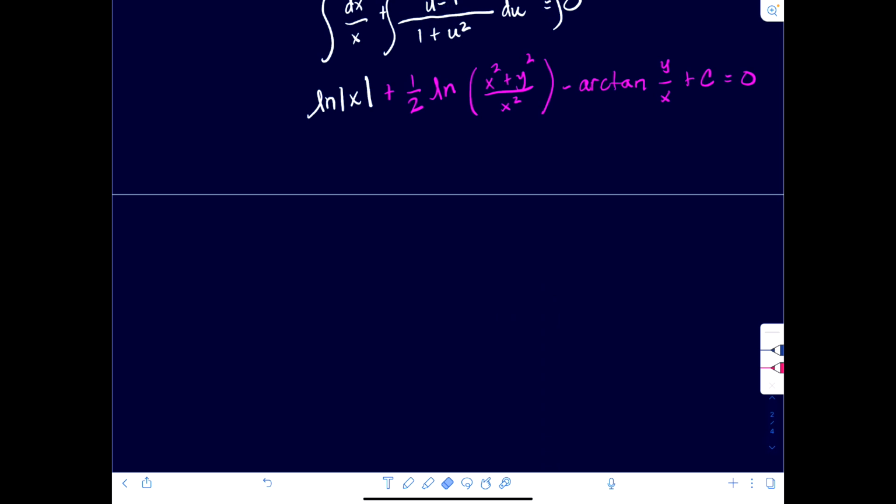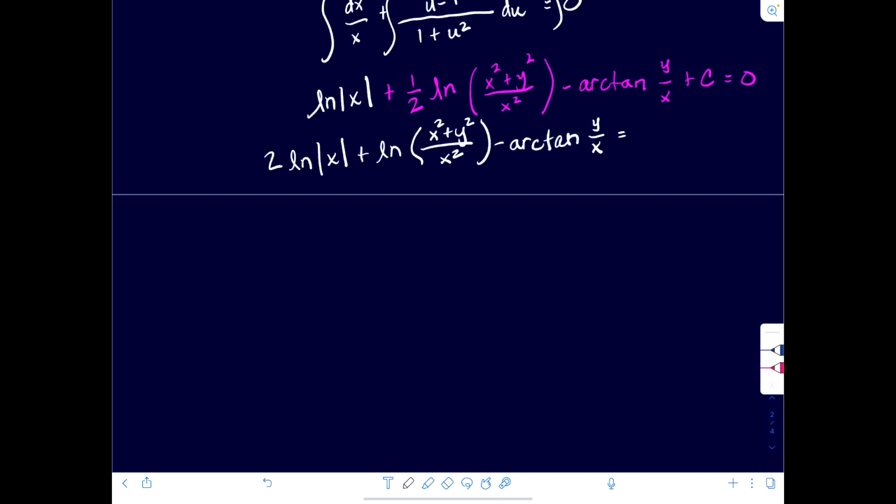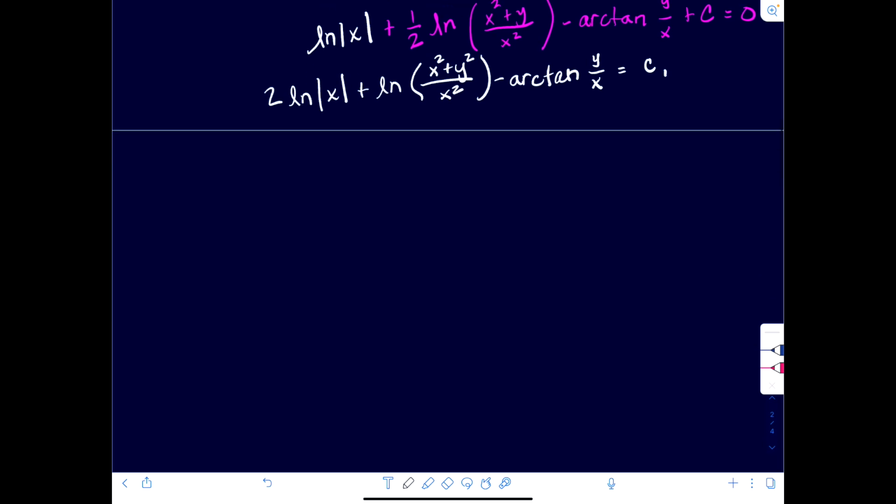So let's just multiply everything by 2 and get that c on the other side. So this is going to give us 2 natural log of absolute x plus natural log of (x squared plus y squared) over x squared minus 2 arctangent of y over x equals c1. So we multiplied c by 2 to get 2c, then subtracted it to the other side, so you'd have negative 2c, which is another constant.